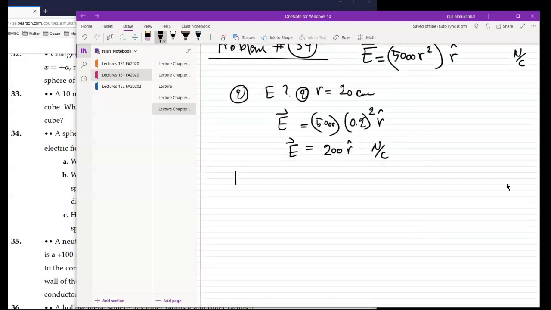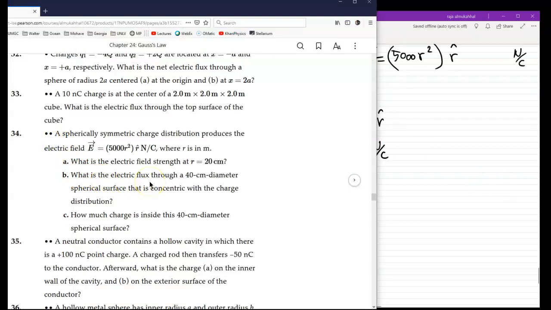Part B. What's the electric flux, phi, through a 40 centimeter diameter, which means radius 20, same thing, spherical surface that is concentric with the charge distribution?